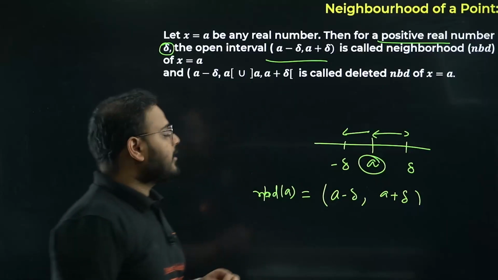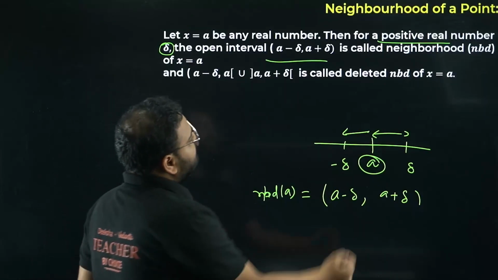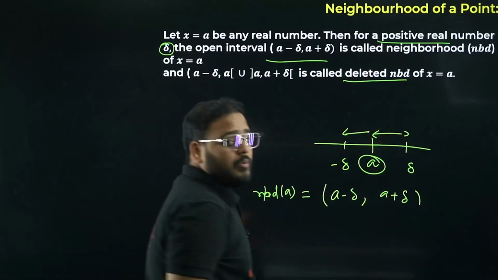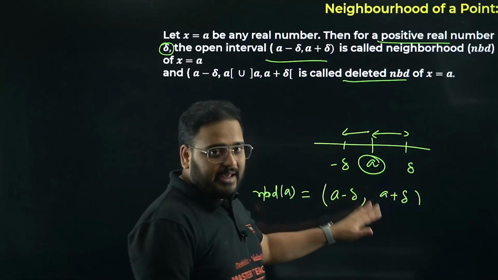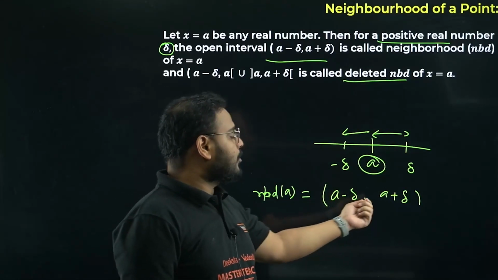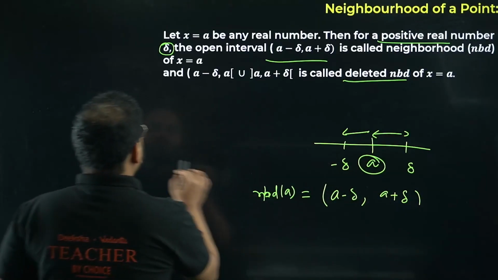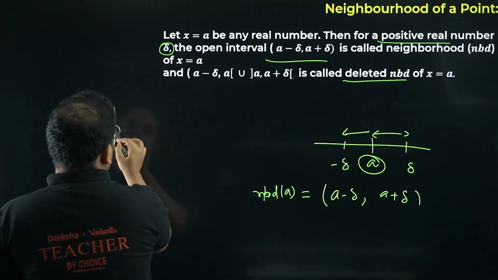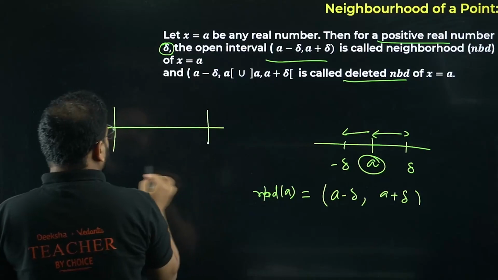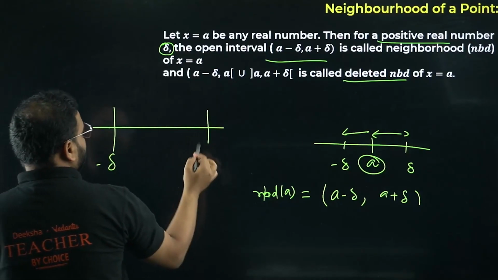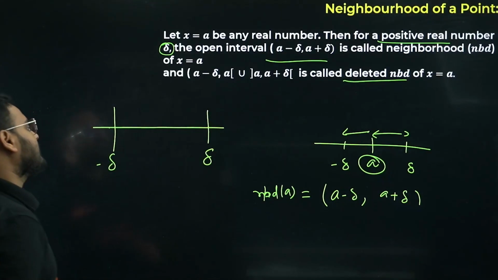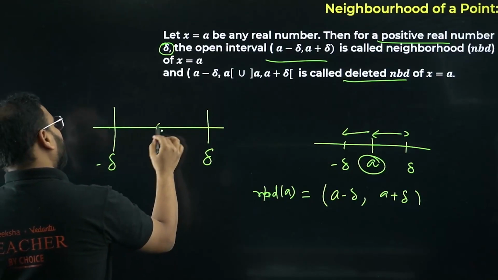Got it. Now something called the deleted neighborhood. From this neighborhood of A, what are you going to do? Remove the A itself. Is there A over here or not? Yes, there is. So I write this again. We have delta here, we have delta here, negative and positive, and at A we'll put an open bracket.